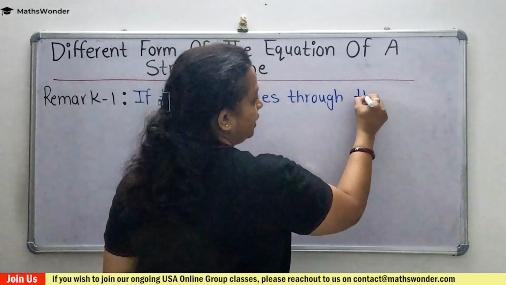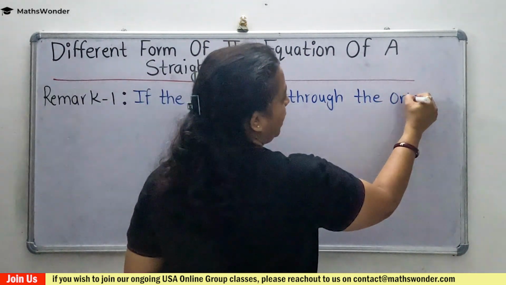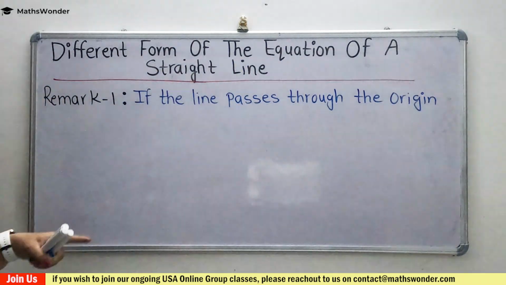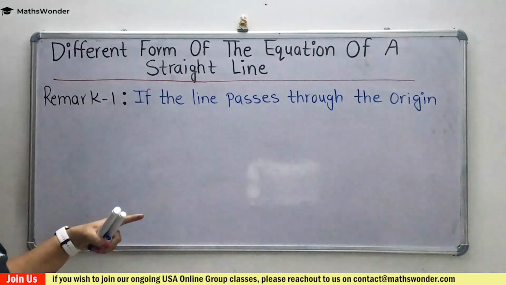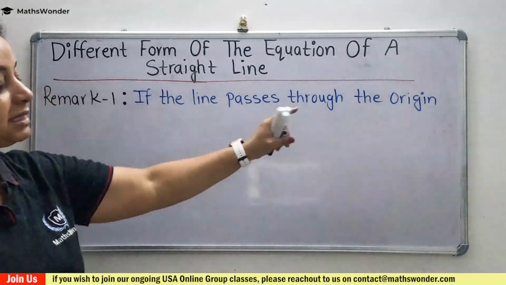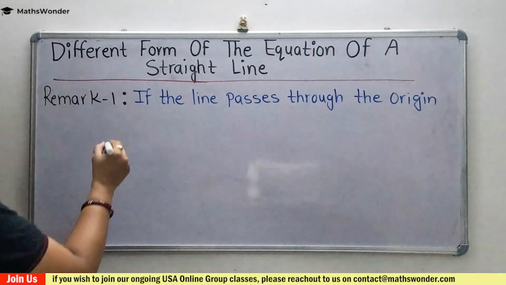In the diagram you have seen the line passing through the negative x-axis and positive y-axis, right? But if the line passes through the origin, then what is the formula?